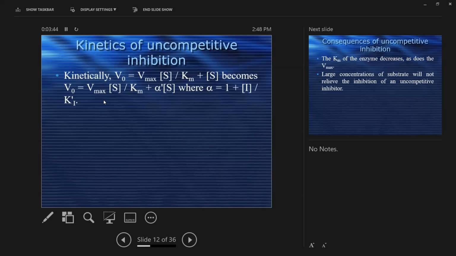So, kinetically, what does this look like? If we take the Michaelis equation, we're going to have an alpha prime, which is 1 plus the inhibitor concentration divided by K prime I. K prime I tells you it's not a competitive inhibitor.